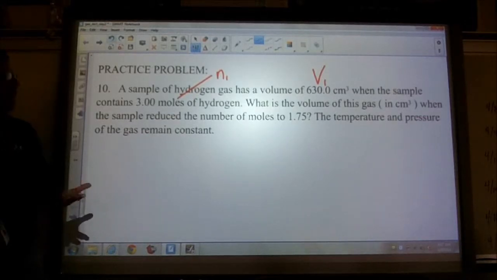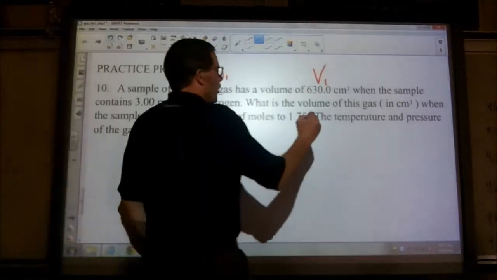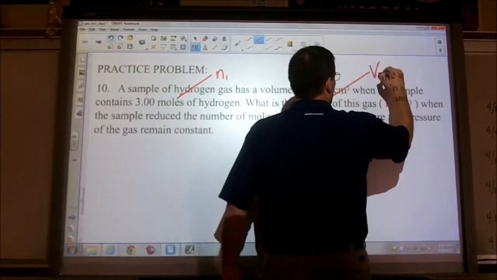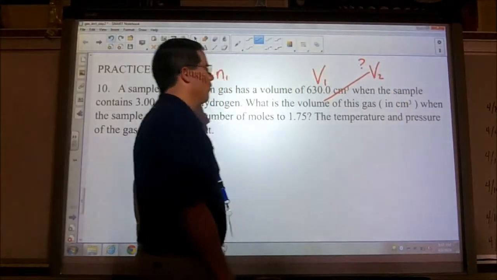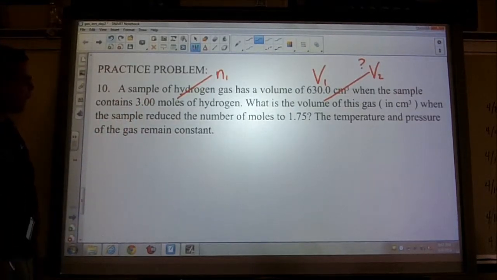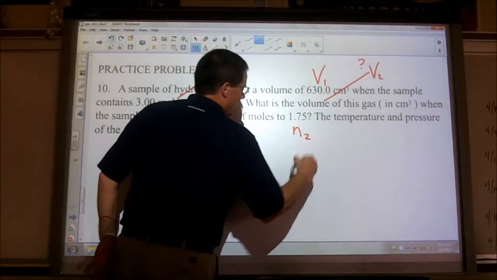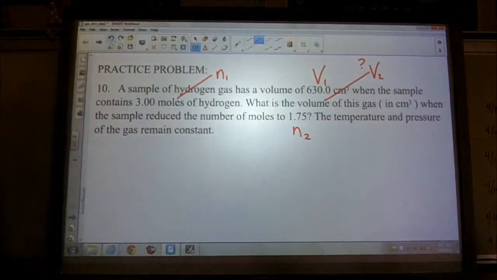N, for whatever reason, they use N as the number of moles. I didn't make up the rules, sorry. So it asks, what is V2 in centimeters cubed? So we don't have to change that. When the sample is reduced to 1.75 moles, and the temperature and the pressure don't change.